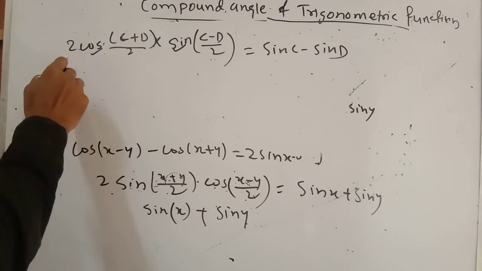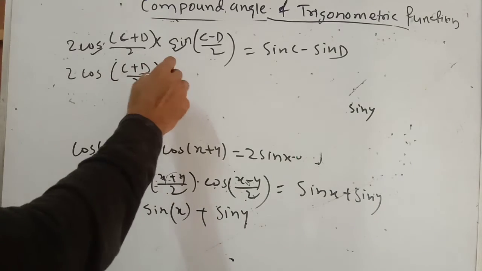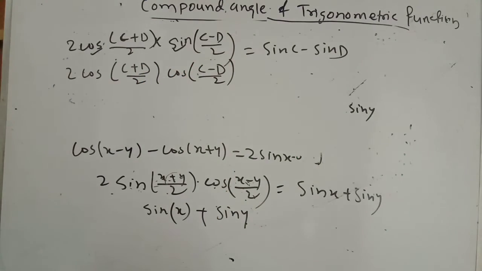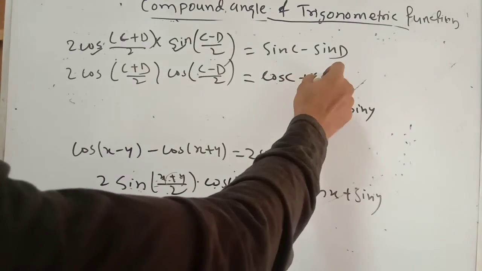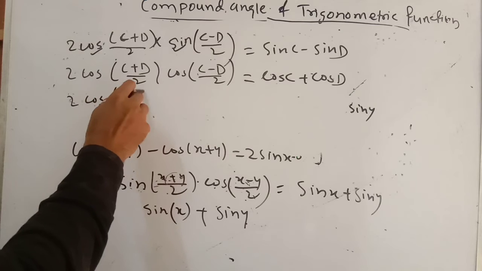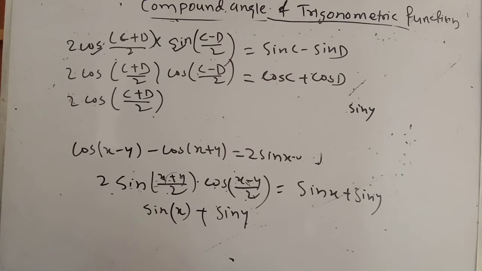If both are the same, it is 2 cos((C+D)/2) cos((C-D)/2), which is in terms of cos, so cos C plus cos D. And again cos((C+D)/2) here, with cos((D-C)/2).